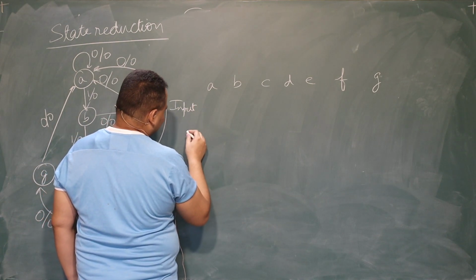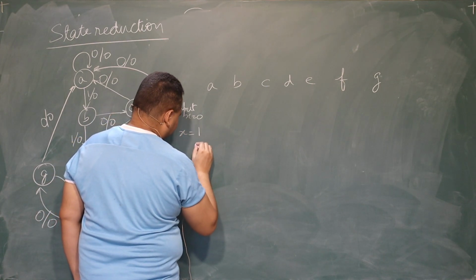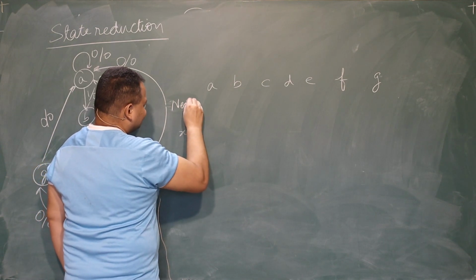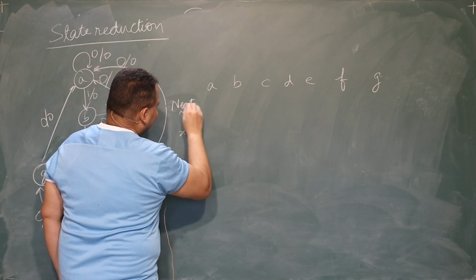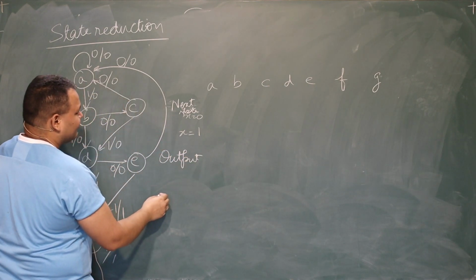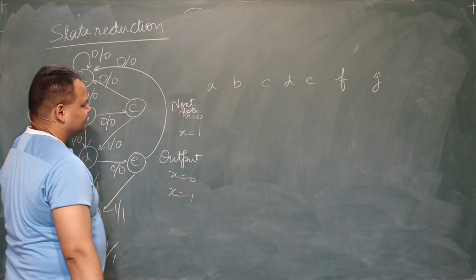We have two possible inputs, x equal to 0 and x equal to 1. So next state, and similarly we'll have output, for x equal to 0 and x equal to 1.